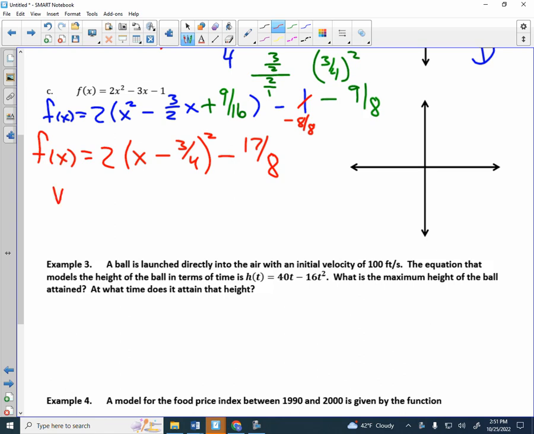So we've got a vertex of what? Yeah, and so this is like 0.75 and then -17/8. That's -2.125. So I'm going to plot that.